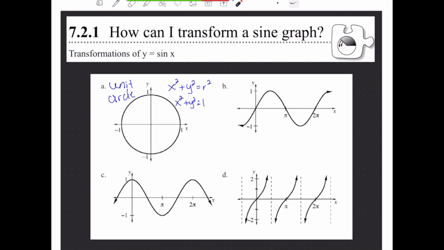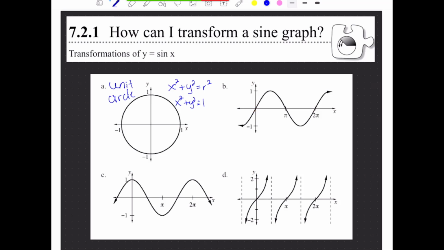We just need to figure out which one is our sine and which one is our cosine. When we graphed these the other day, we started at 0 and went all the way around the circle to 2 pi, and then we plugged in all of those values. So when we start this one, it's saying that at 0 degrees, or a radian of 0, our value is 0.